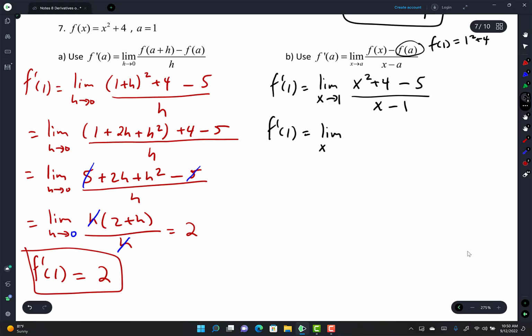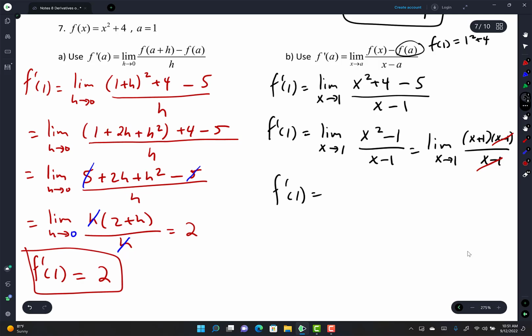Did you get 2? What's the line called? I put like line 1. What is that line? The little like apostrophe.